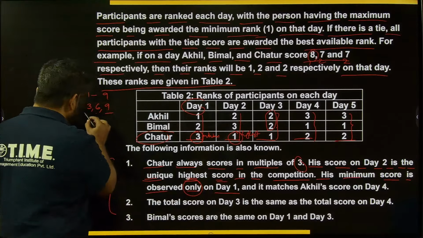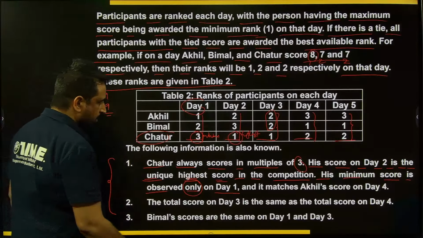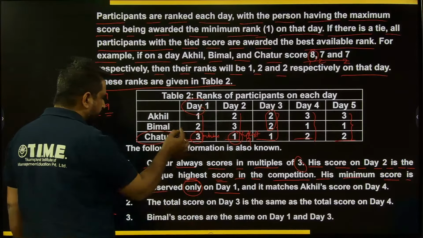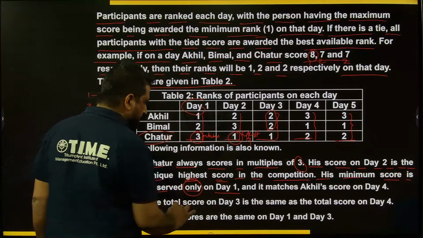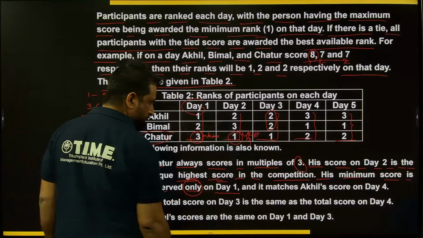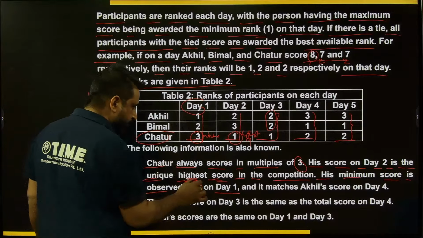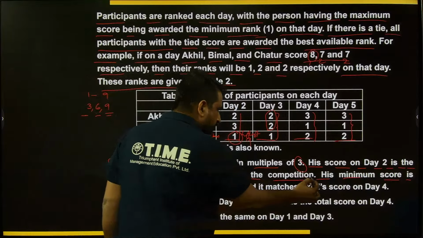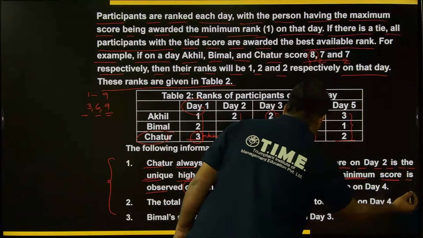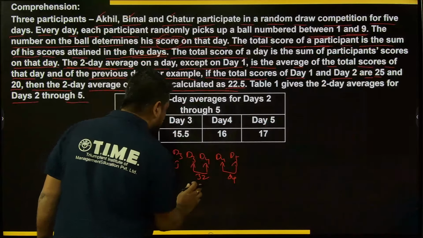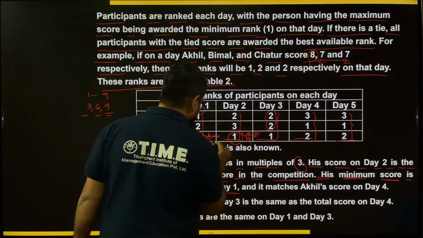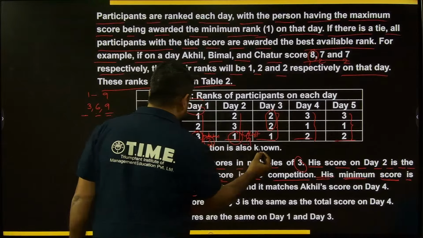So among these 3 values, 3, 6, 9, the highest unique number should be 9. And across all the days, no other person should get the 9, because it is given as a unique highest score. For his minimum score observed only on day 1, that should be 3. So 3 is here and 9 is here.